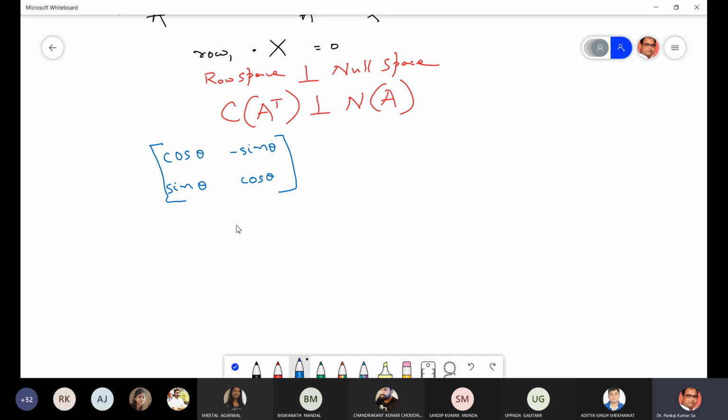What is this matrix called? Look at each column of this matrix.